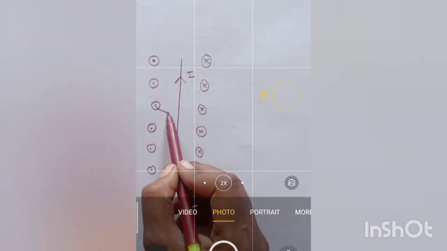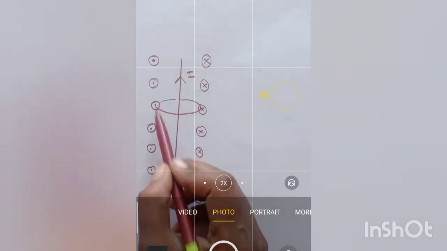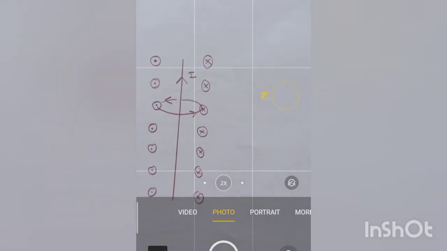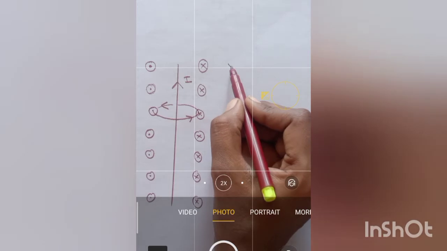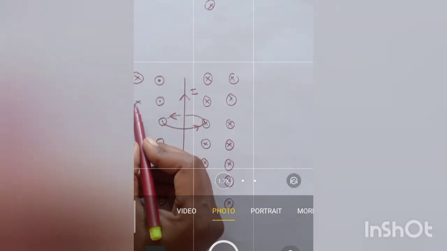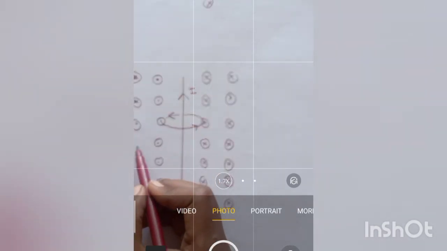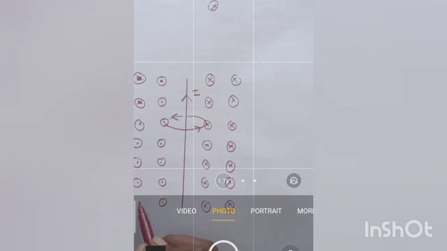Like this the field is coming out and in this side it is going in. This is the direction of magnetic field and it will go on like this. So this is the magnetic field.